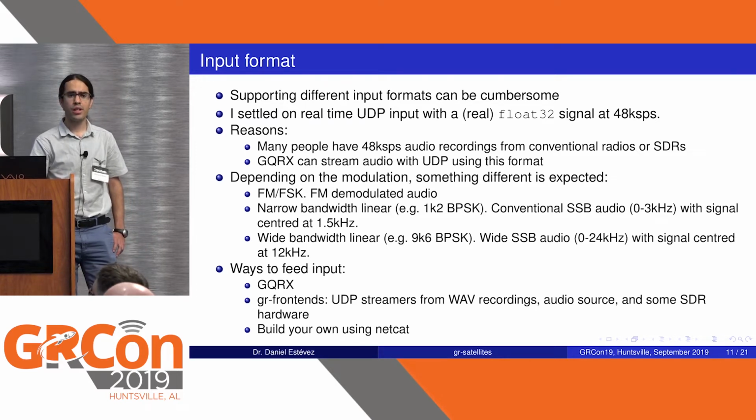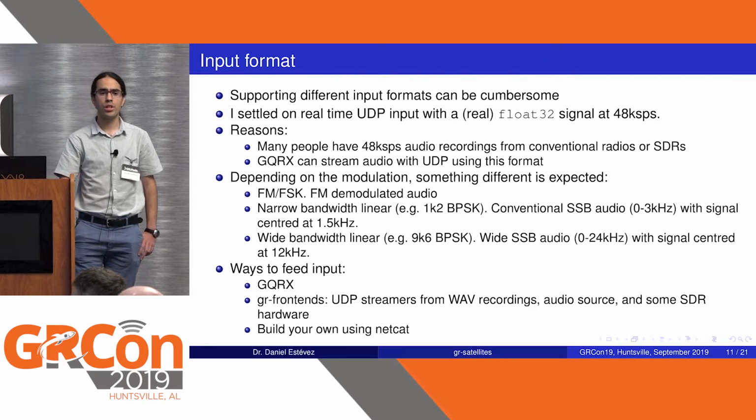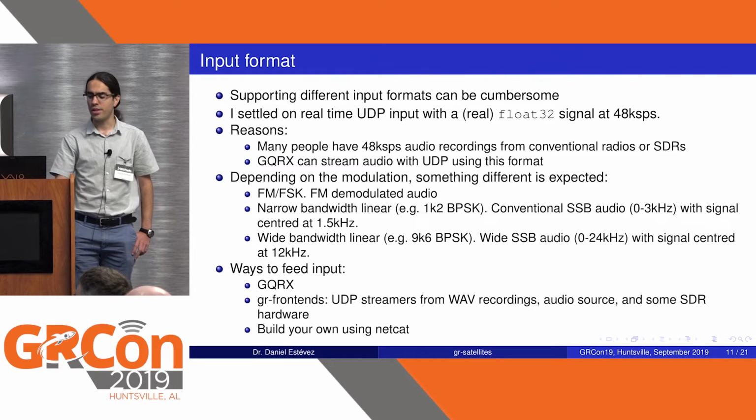This is so that you can use a conventional radio also for this kind of modes. If it's a narrow bandwidth linear signal, for example, 1.2 kilobaud BPSK, you need to feed in a conventional SSB audio, so from 0 to 3 kilohertz passband, with the signal in the middle of the passband, again, so that you can use your conventional radio.